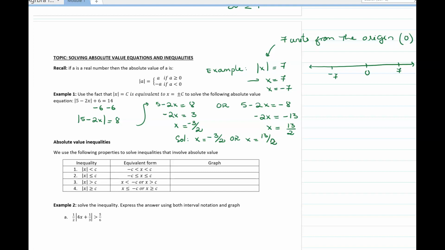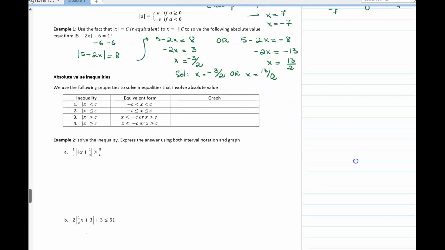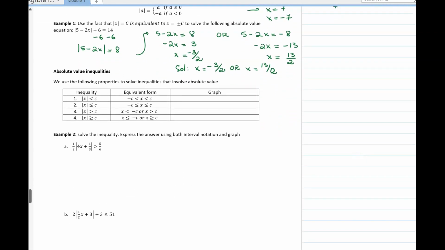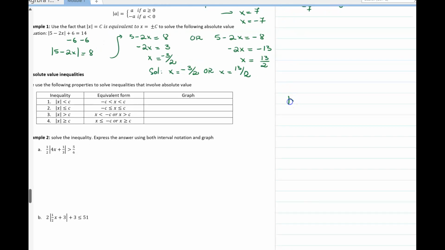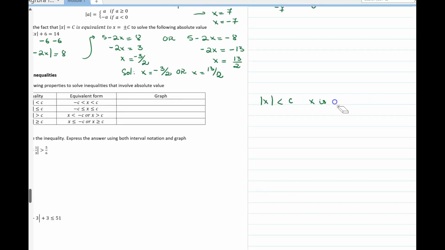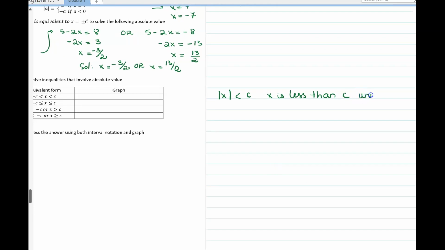Let's talk about the absolute value inequality. We use the following property to solve inequalities that involve the absolute value. So we have the absolute value of x is less than c. In words, the absolute value of x less than c would mean x is less than c units from the origin.